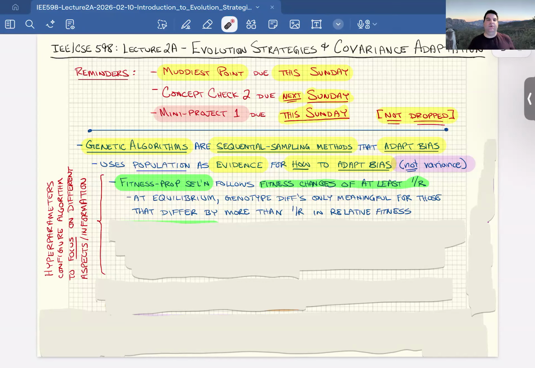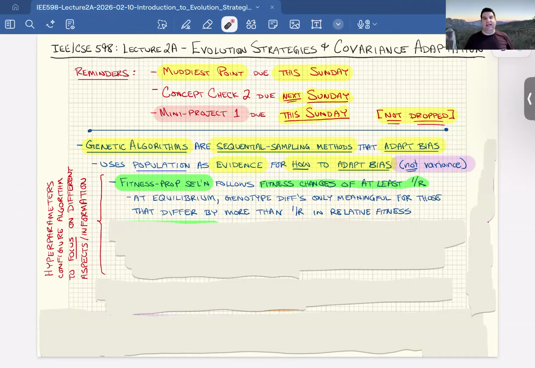We can ask: at equilibrium, what can we infer from the population? The big point about these GAs, which will be different from the methods looking forward, is that we can't really tell a whole lot about the population. The population isn't that informative, but if we try to squeeze as much information as possible out of the whole population rather than just the best individual, genotypes that differ only have meaningful differences if they differ by more than this 1 over R band in relative fitness.